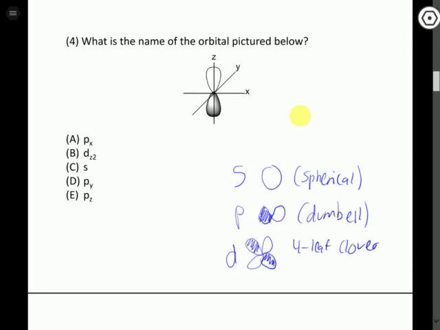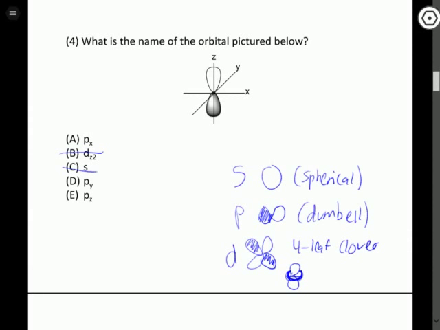And there's one oddball D orbital that has this shape here, a figure 8 with a donut around it. Okay? So those are the basic shapes of the orbitals. We should be a little bit familiar with those. So clearly this picture up here is a P orbital, so we can eliminate 2 of our answer choices.